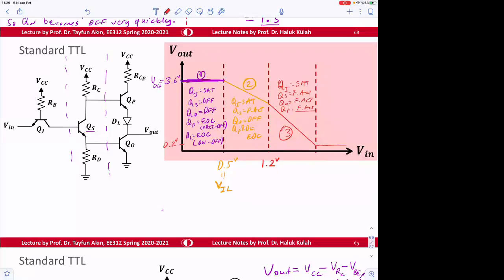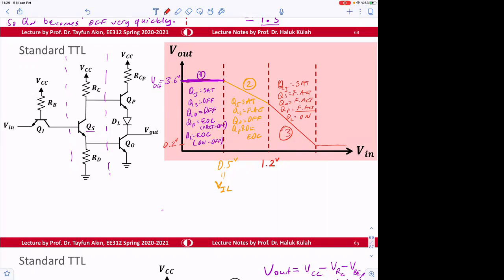QO, we don't know about this one, but it should be that way. DL is also on. That's 5 elements, 5 values.